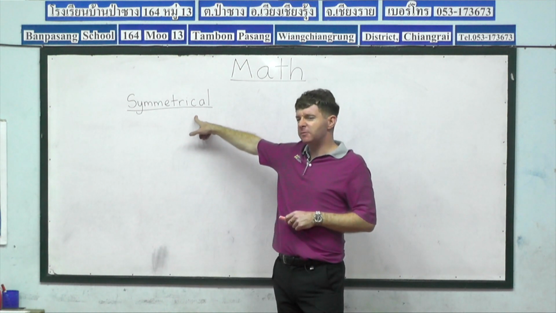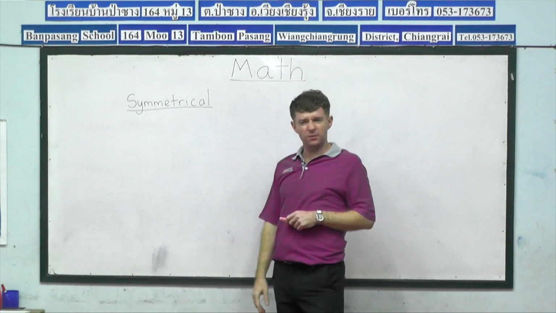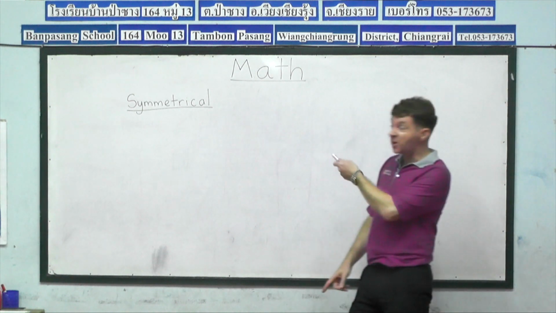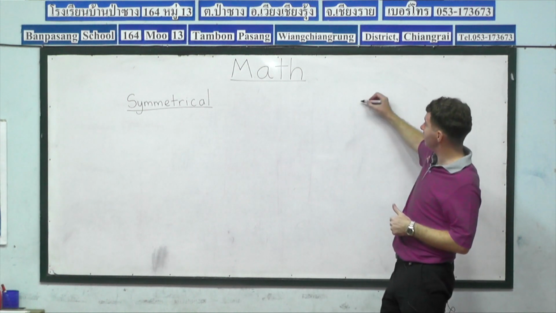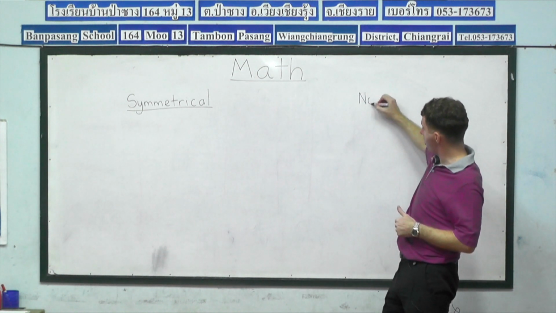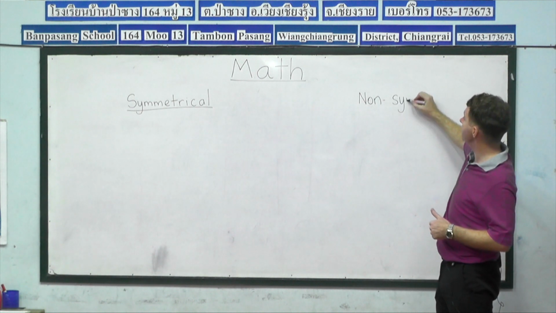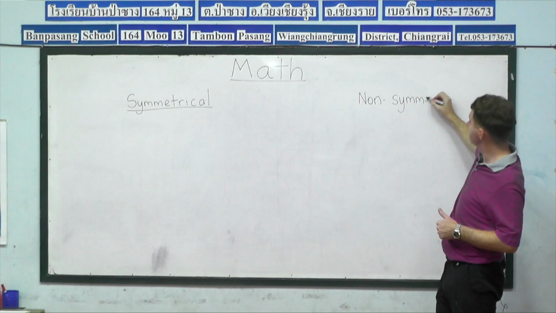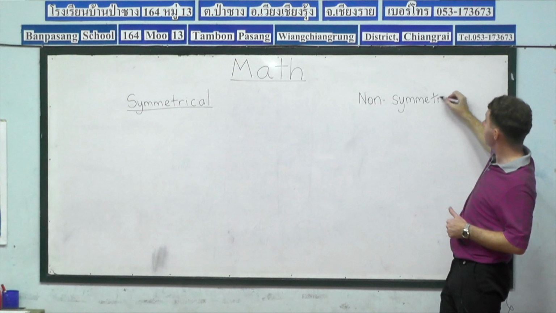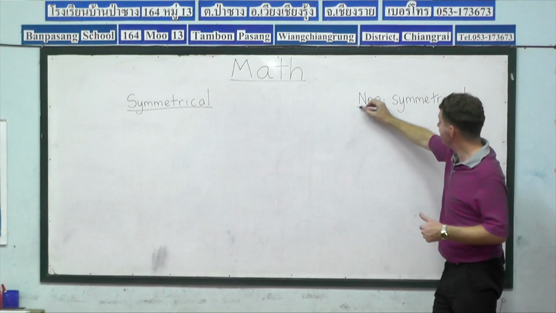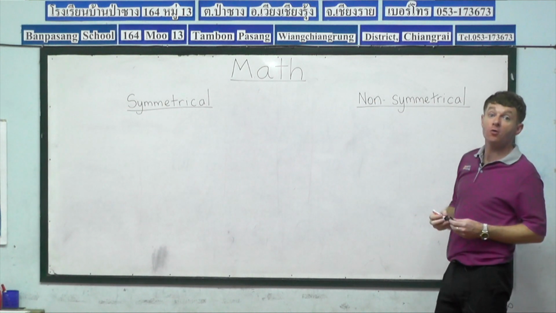But what about shapes that don't have symmetry, don't look the same? Non-symmetrical. So let's write here N, O, N, S, Y, M, M, E, T, R, I, C, A, L. Non-symmetrical.